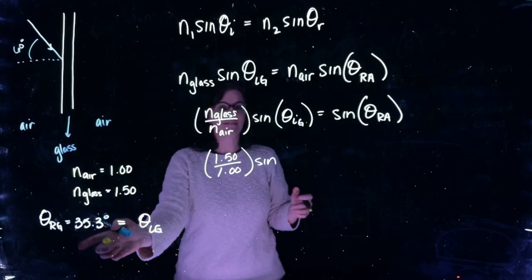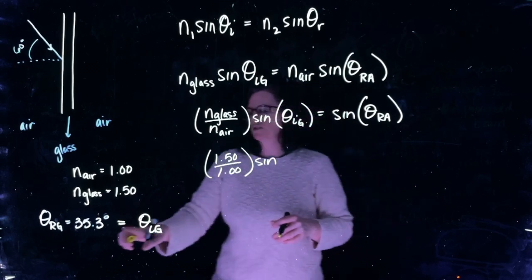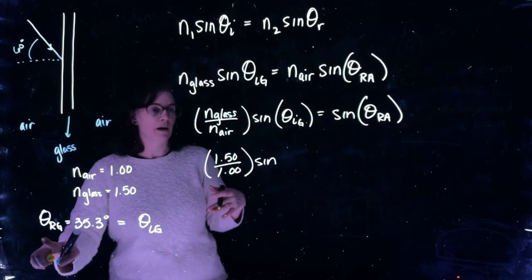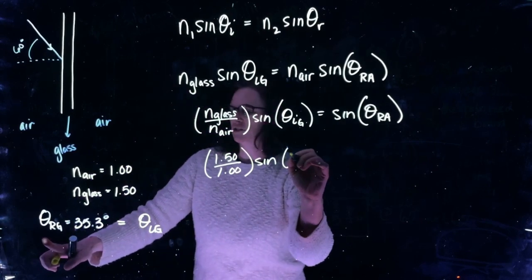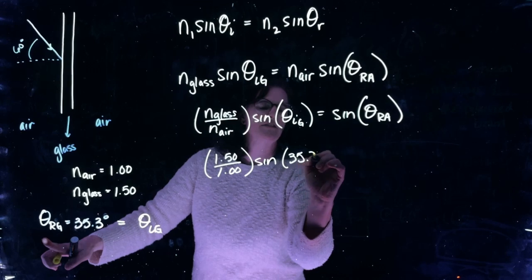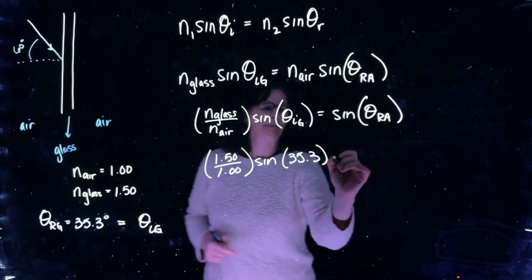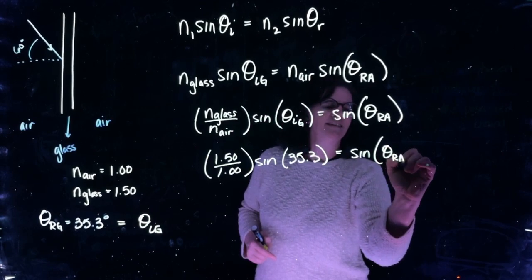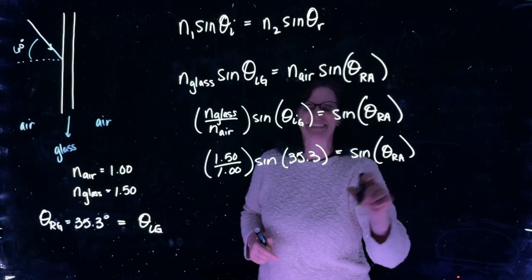Now this is where that geometry helps us out. The incident ray in glass is equivalent to what that refracted ray was into the glass, since it travels in a straight line. So that's 35.3 degrees, and that's going to equal the sine of our refracted ray in air.